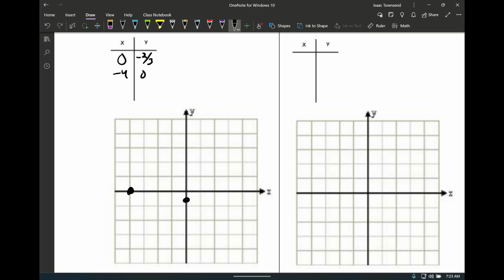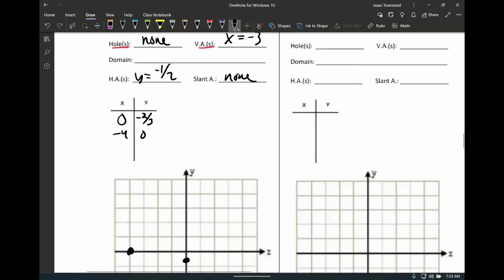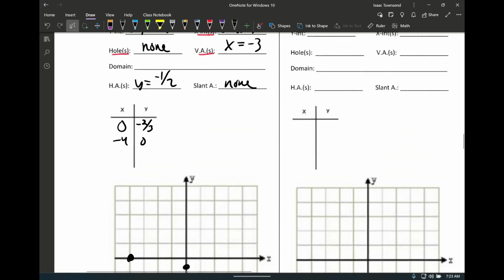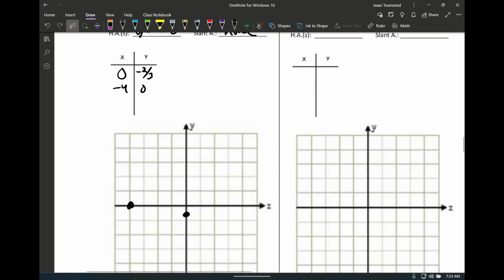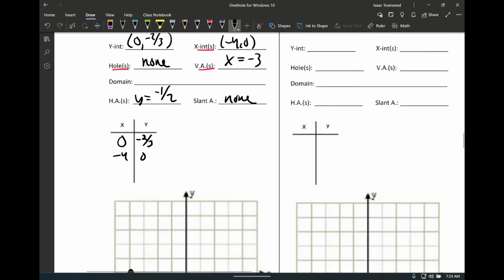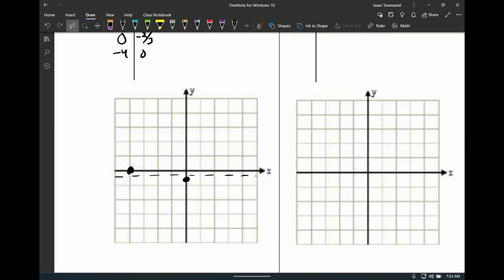So plot the points, graph the asymptotes, usually a good sign with your graph is everything should kind of come together.